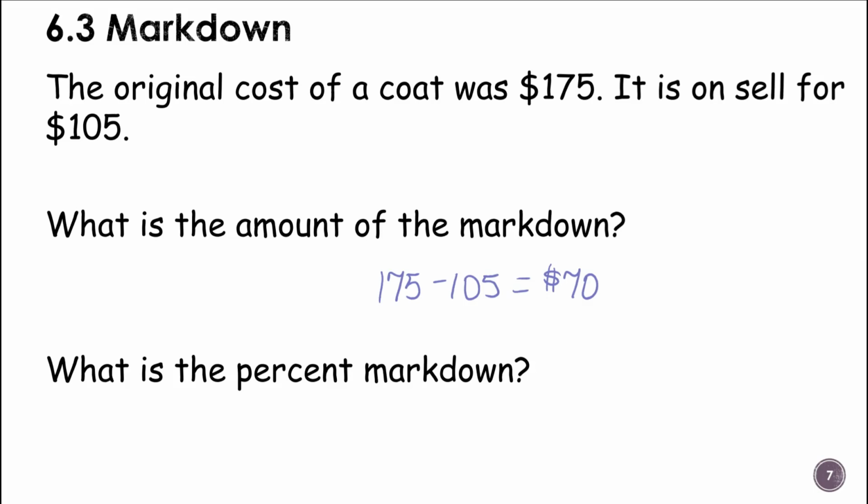And then the percent of the markdown is like percent of decrease. We're going to take $70, divide by the original cost of the coat, which was $175. Whoops, need to make that into a 5. And it turns out that is 40%. So a 40% discount or markdown on this coat.